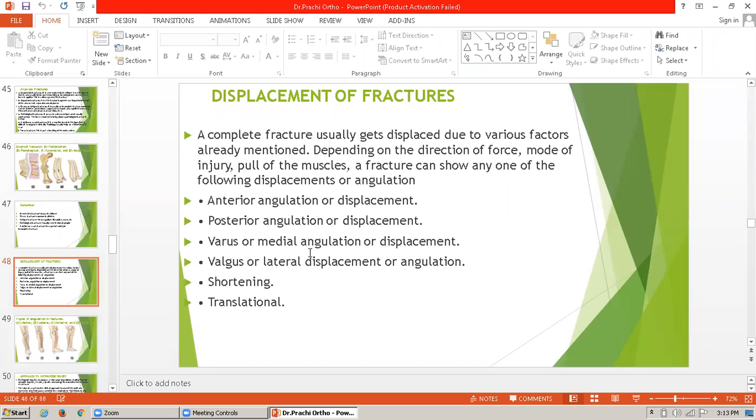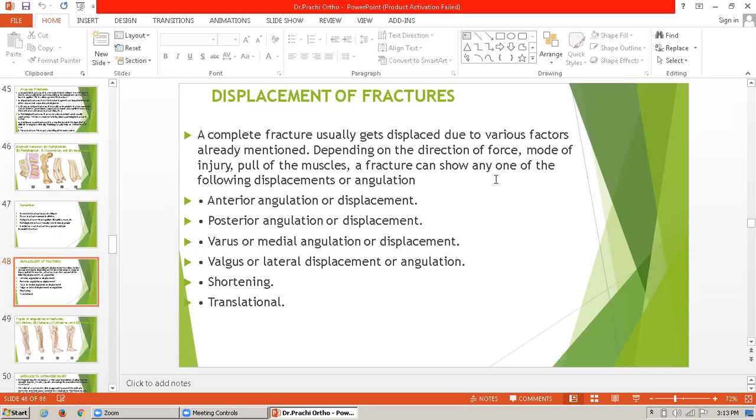Then, displacement of a fracture. A complete fracture usually gets displaced due to various factors, depending on the direction of the force, mode of the injury, and pull of the muscles.